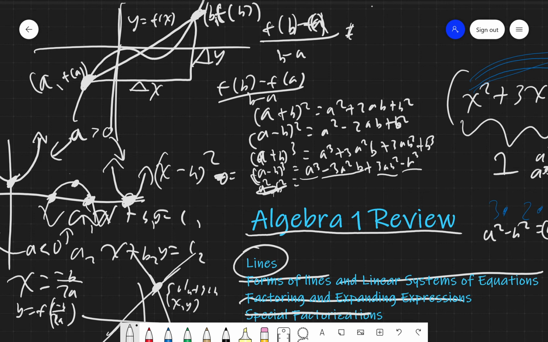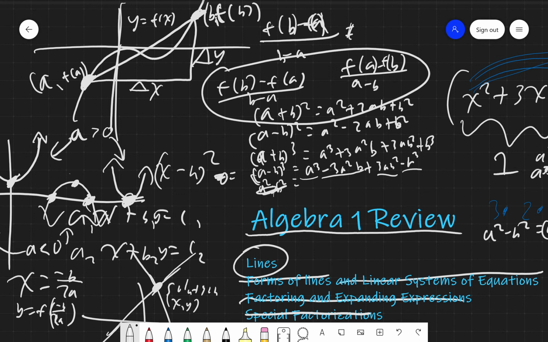We can also do it the other way around to get f of a minus f of b over a minus b. Either way, that's average rate of change for you. You have to do the corresponding ones.